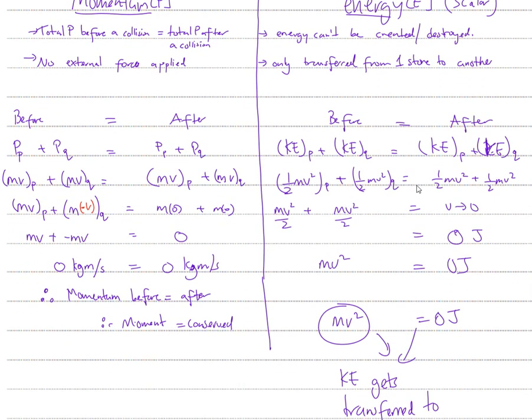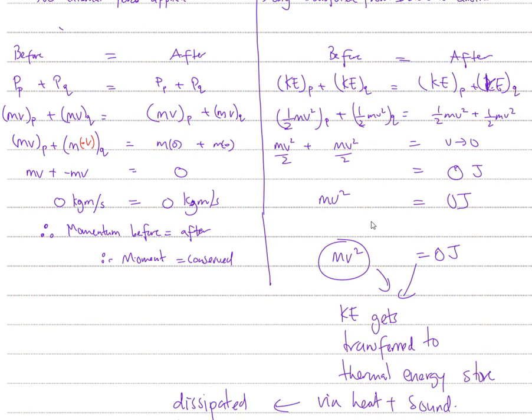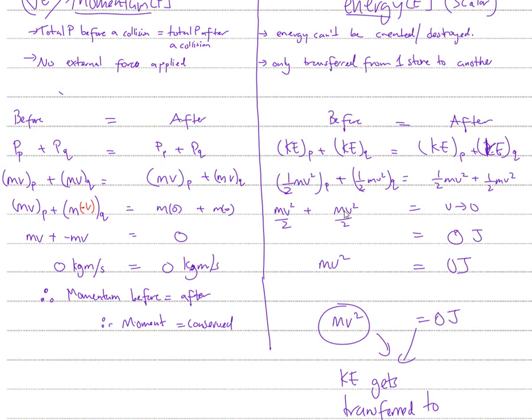Momentum is a vector, so we need to factor this in. Just like I got confused earlier, we need to double check our work, because while I was doing this I thought, wait a minute, energy is a scalar, so why am I doing the negative there?